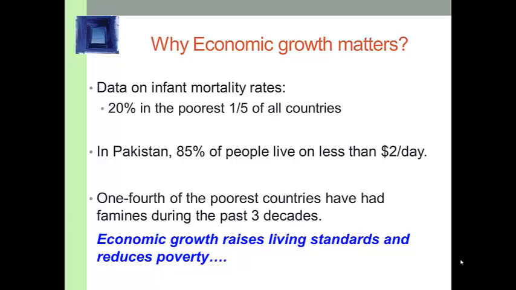That's staggering. Famine is also concentrated in poor countries. Economic growth has serious implications for these statistics. If we can figure out a way to get poor countries to grow, we can solve some of these staggering statistics that we are seeing popping up in poor countries.